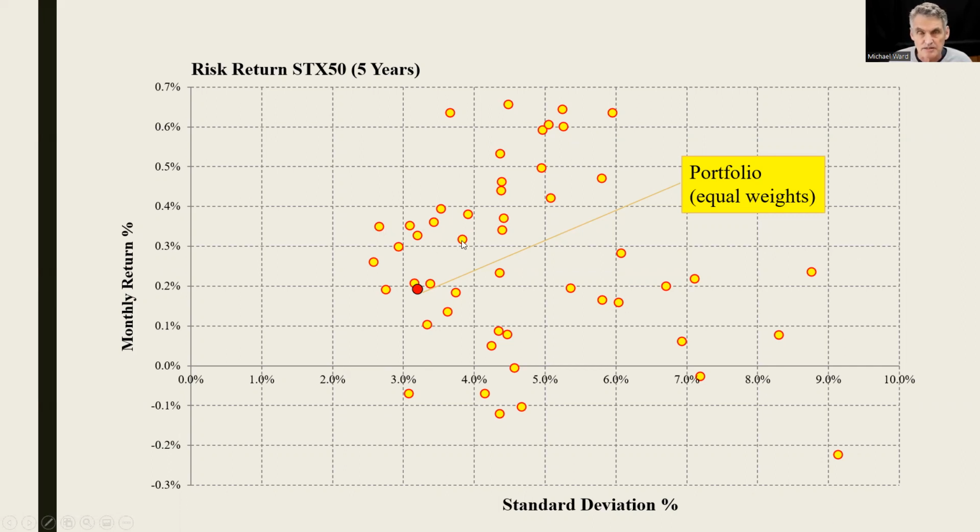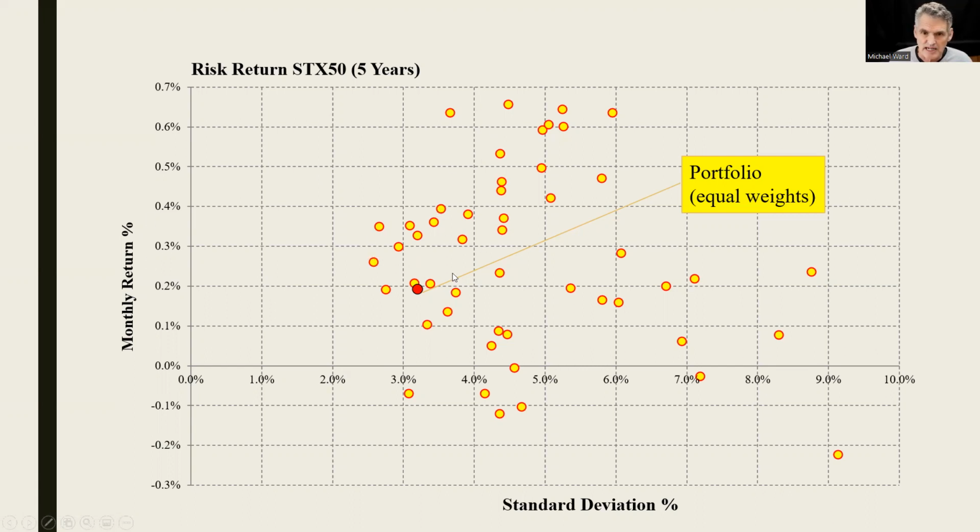If you look at this plot, each dot representing 5-year average return and standard deviation for different companies, you'll observe that if you took an equal weighted portfolio of all 50 shares over that 5-year period, you would get this particular point here. This is the portfolio's risk and return. What's interesting is that we are actually getting the average in terms of return here.